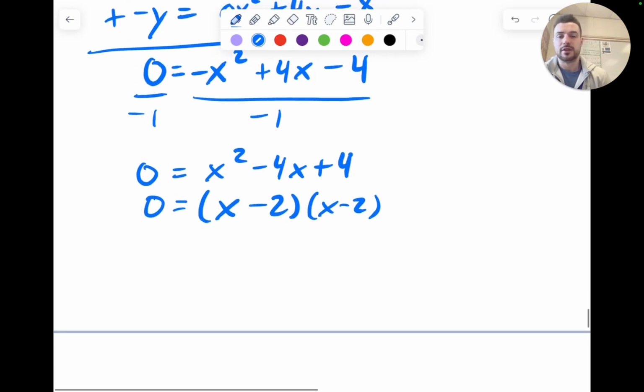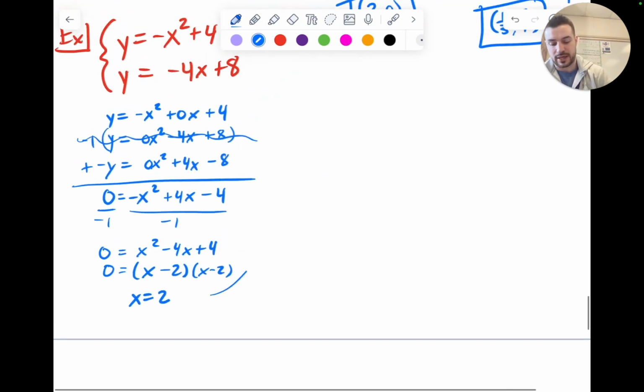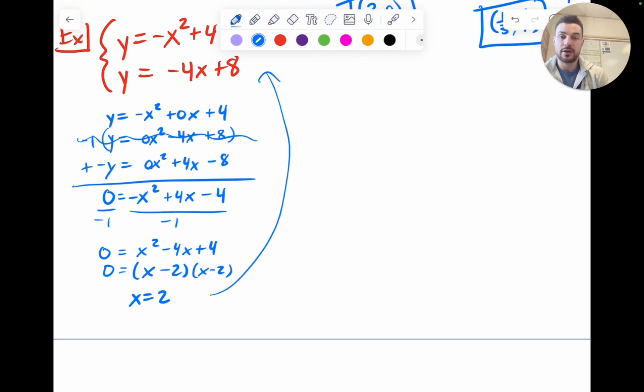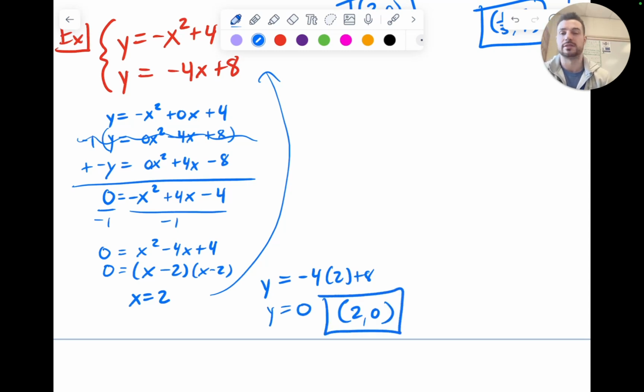All right, so that tells me that I get x equals 2 as a solution, which I can plug back into one of my equations to get the corresponding y value. So my solution for the system is going to be 2, 0.